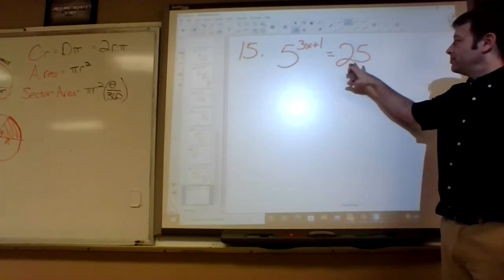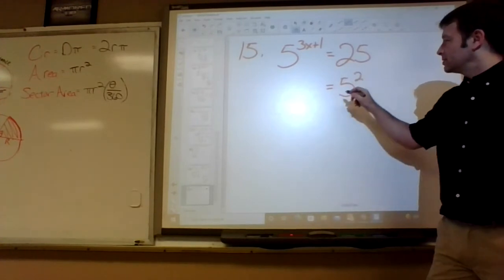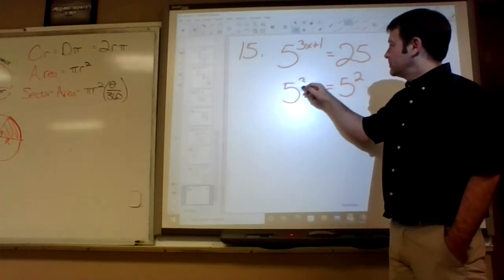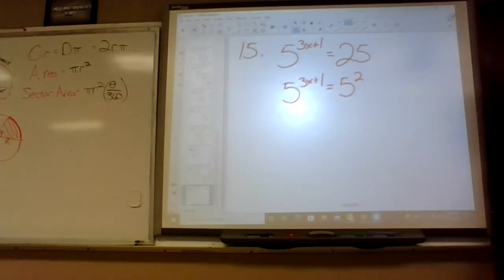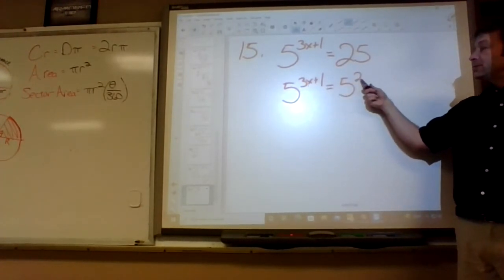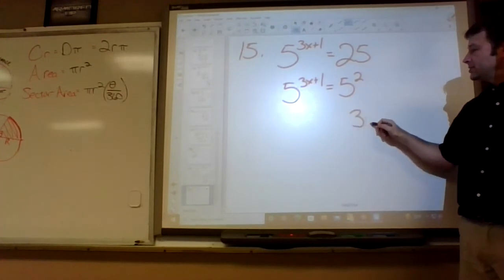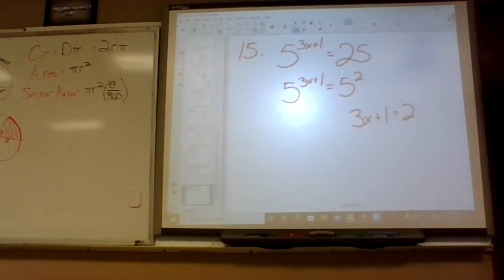So 25 can be rewritten as 5 to the second. I'll just leave this one alone. And then what do I do? I need 3x plus 1 to be equal to 2. Once the bases are the same, the exponents need to be the same.